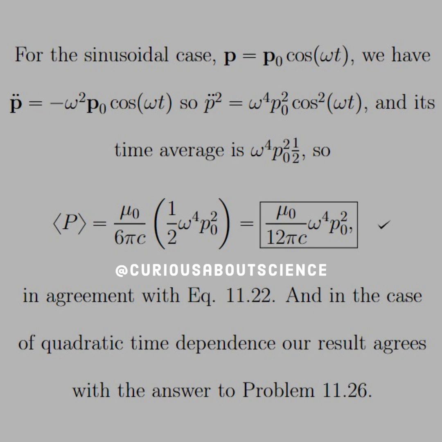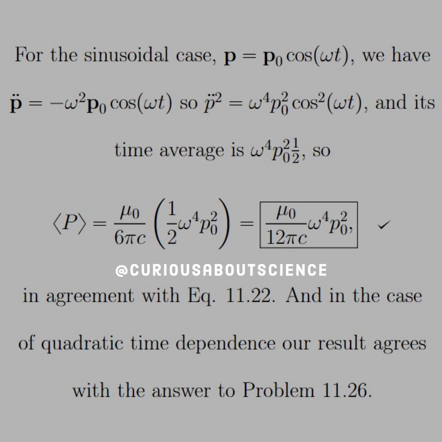And its time average, well, the cosine squared time average goes to 1/2. So if we plug that in for the p double dot squared in the time average power, we get mu naught over 12 pi c, since 2 times 6 gives us 12. Then we have omega to the 4th, p naught squared. And that again makes sense.